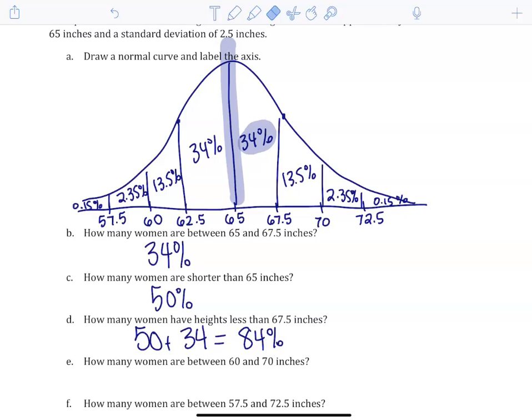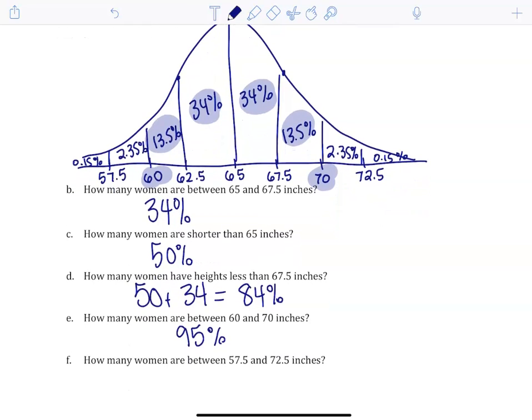If we wanted to answer the question, what percent is between 60 and 70, then we've got these 4 regions that get us between 60 and 70. That's also 2 standard deviations, which means we'll have 95% when we add those 4 numbers together. And then if we want to go between 57.5 and 72.5, then we need to go out 3 standard deviations.